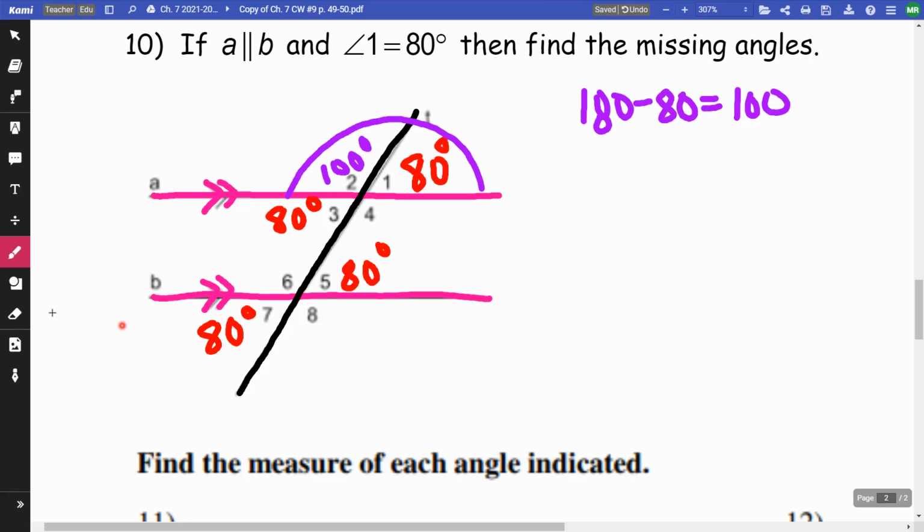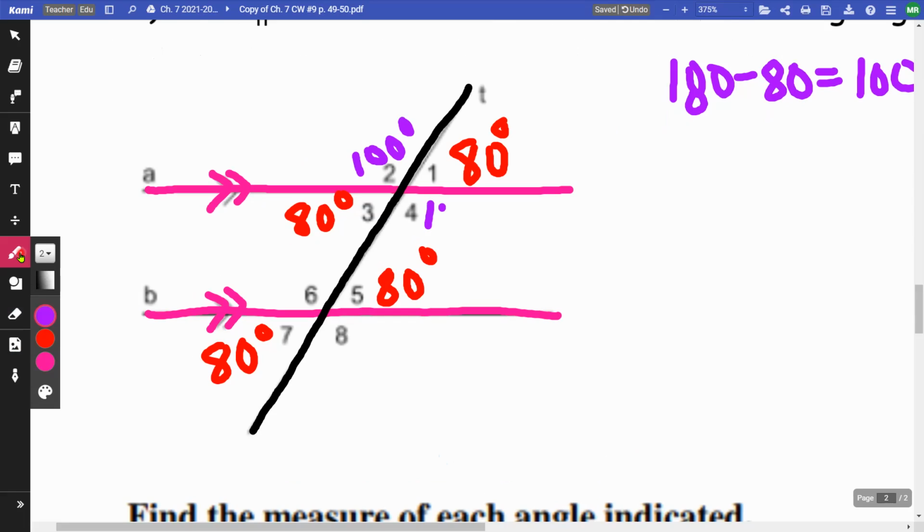Okay. Now, if that is 100 degrees, then angle 4 is also 100 degrees because it's vertical. Angle 6 is also 100 degrees because these ones here, 4 and 6, are alternate interior. Now 6 and 8 are vertical, so 8 has to be 100 degrees.